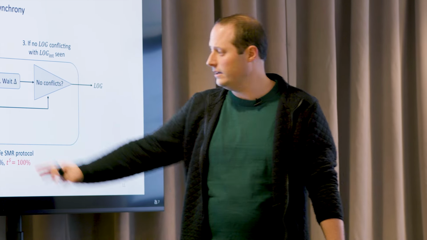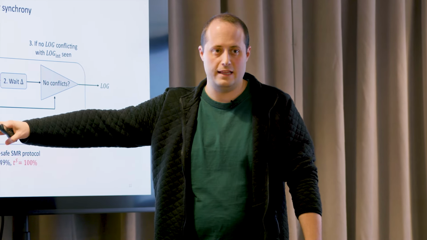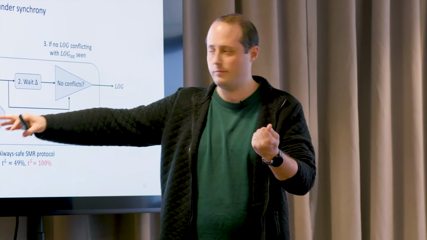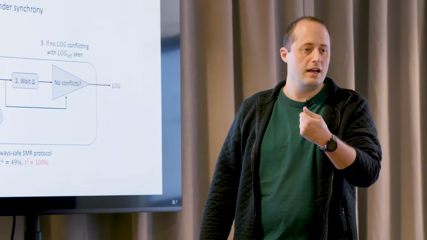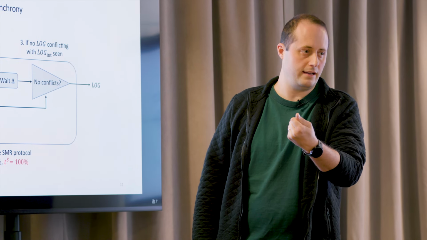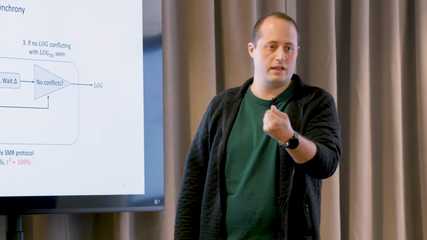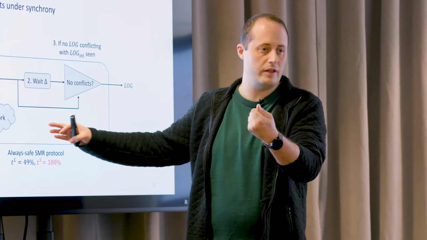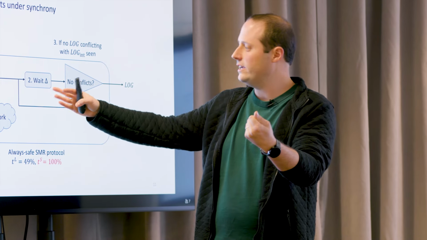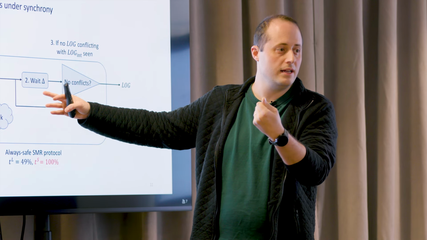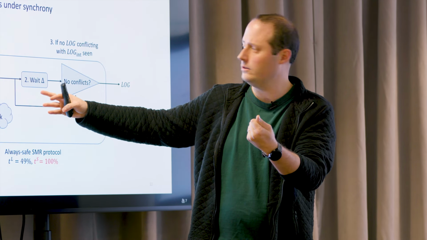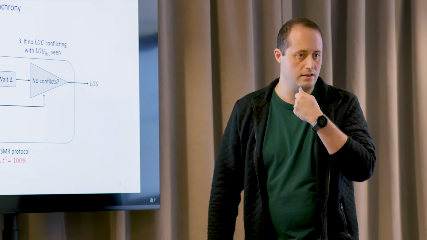Whenever you get something, you gossip it, and then you hold on and see if the network has seen anything conflicting. I'm going to give the network some time to see if there was anything conflicting. If I don't hear anything conflicting within delta time, and the assumption is that within delta time messages propagate between honest nodes, then I'm going to output that log that I just got.